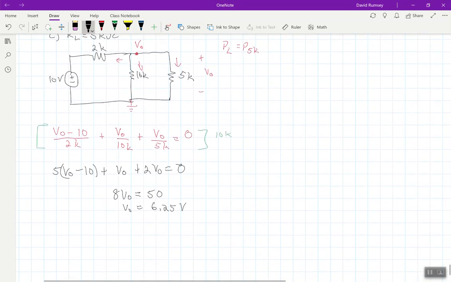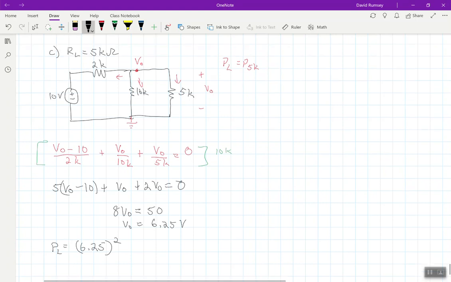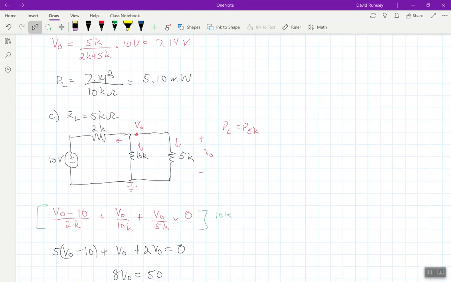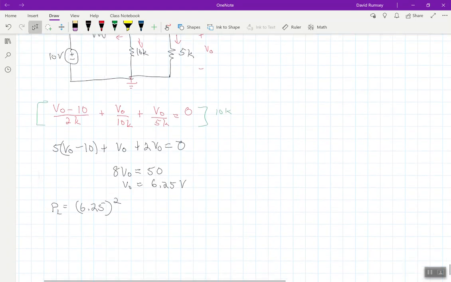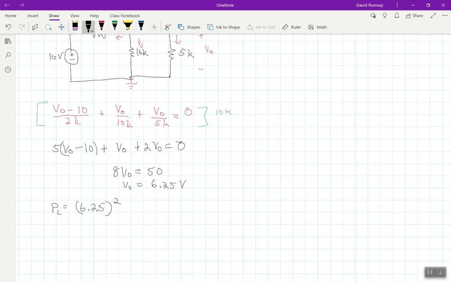So now let's compute the power for the load again. The power for the load in this case would be 6.25 squared. Now notice, we might say, wait, this power is going to be lower because the voltage is lower. I've only got 6.25 volts as opposed to 7.14. But we have a different resistor value. In the previous case we had 10K. Now I'm only dividing by 5K because I've reduced my load resistor.